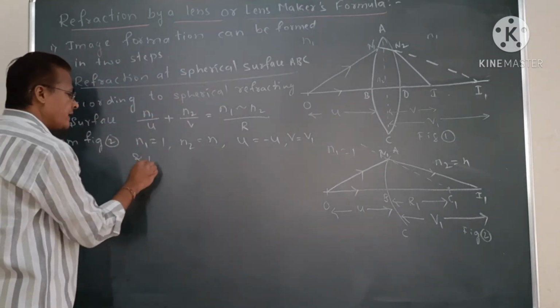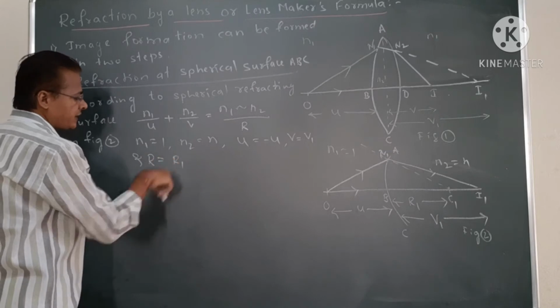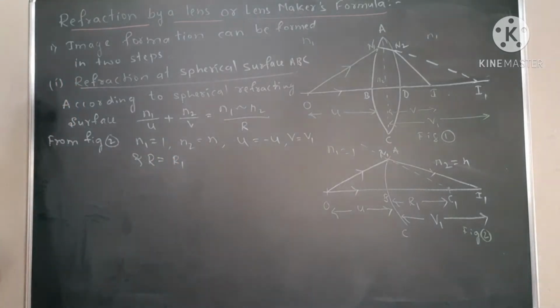And R, the radius of curvature, we are taking as R1, that we take as R. So these things will be substituted here.